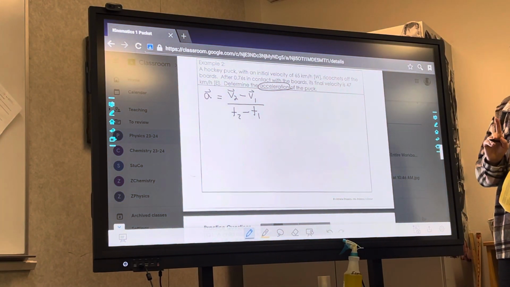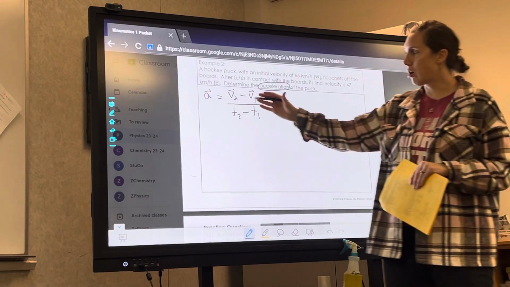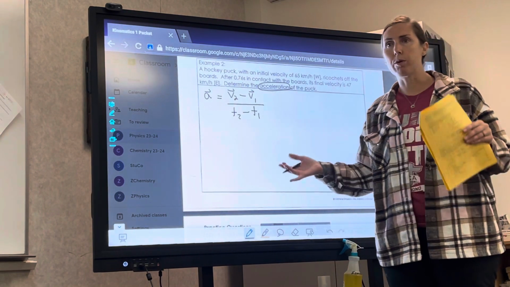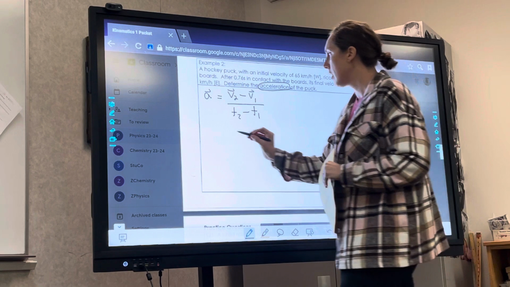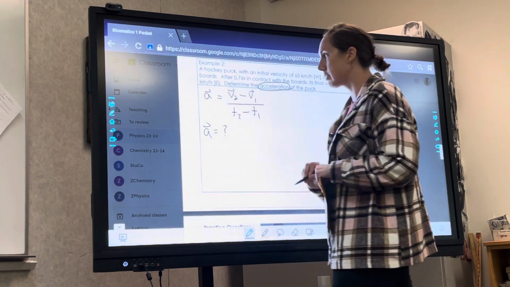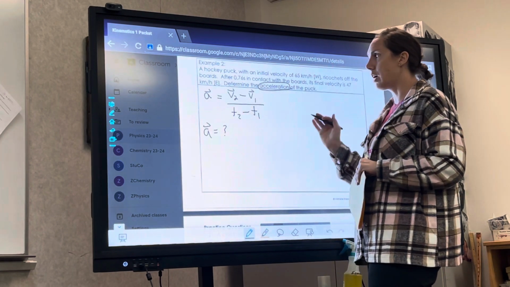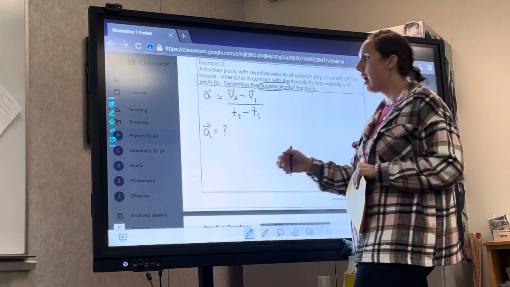So to keep all my numbers straight, I should list all of the variables down this side and ask which one I am missing. That's how I'm gonna plug it all in. I need to figure out my A, so I do not know my acceleration. Then I want to list my velocities and time.